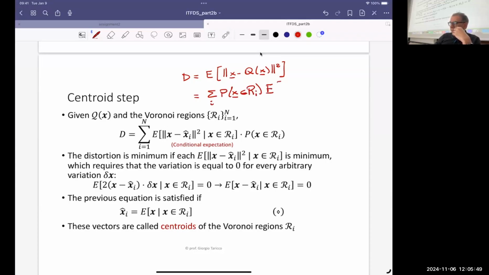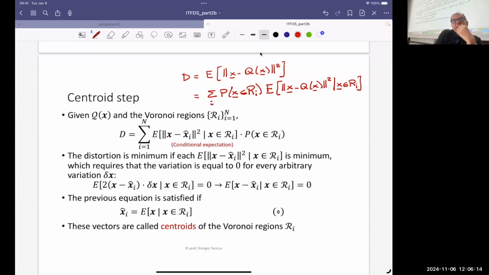by the expectation of the square distance of x from its quantization point, given that x belongs to the Voronoi region.